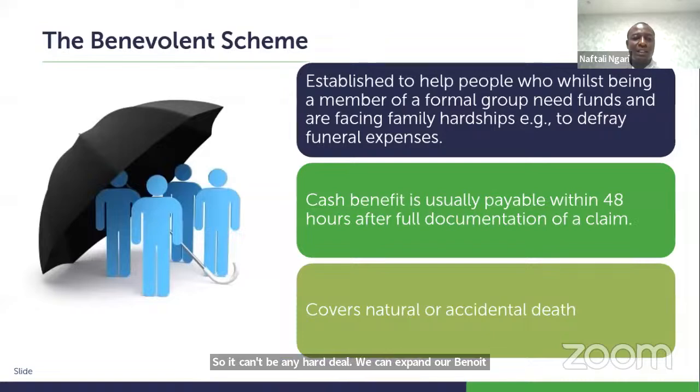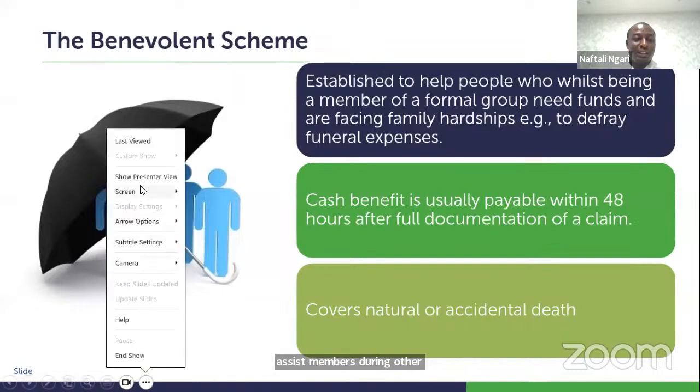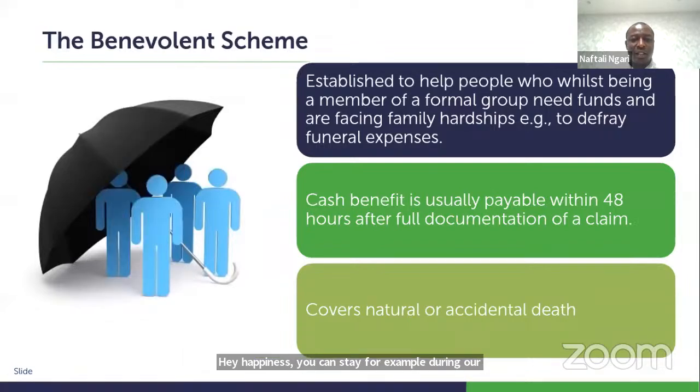It can also assist members during other times, even times of happiness. You can say, for example, during a wedding, in case one of the members has had a new birth or anything like that.